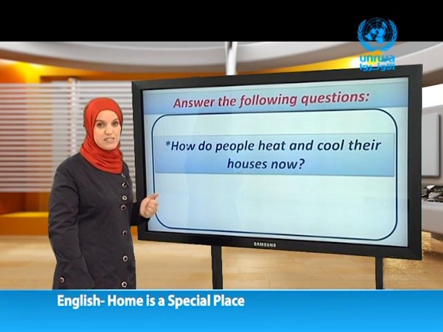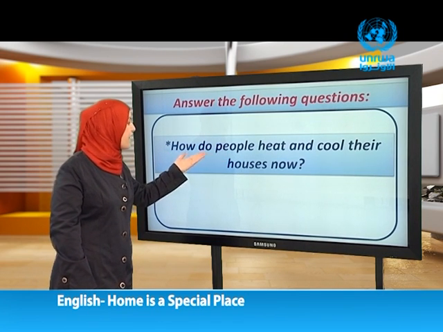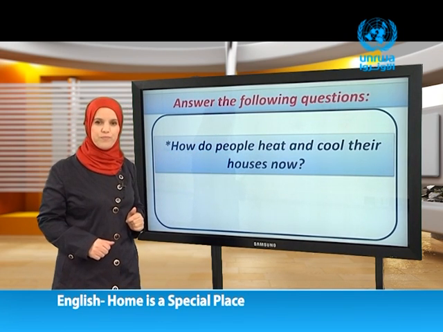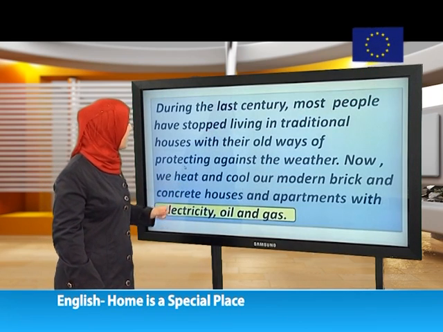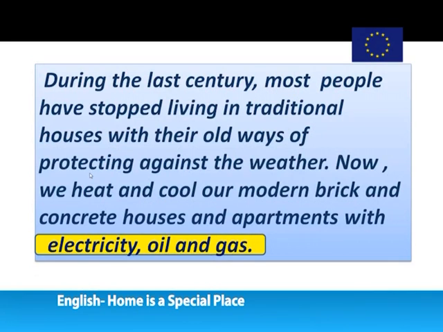Now, let's answer this question. How do people heat and cool their houses now? Let's look for the answer. Now, we heat and cool our modern brick and concrete houses and apartments with electricity, oil, and gas.